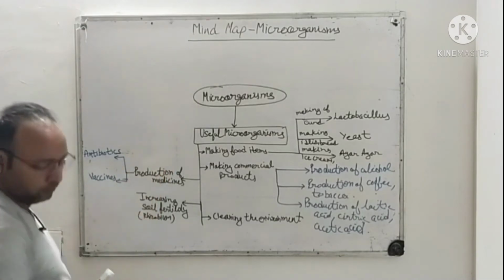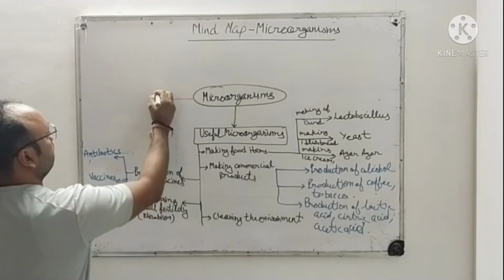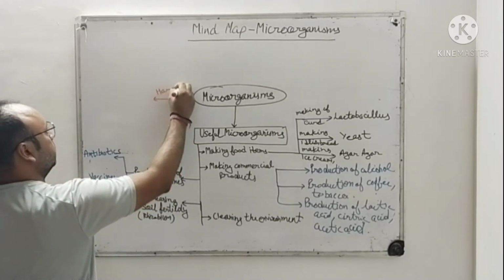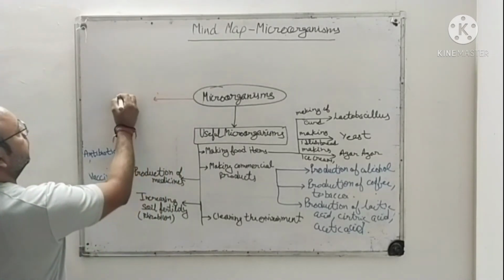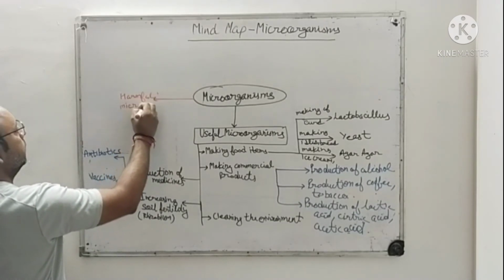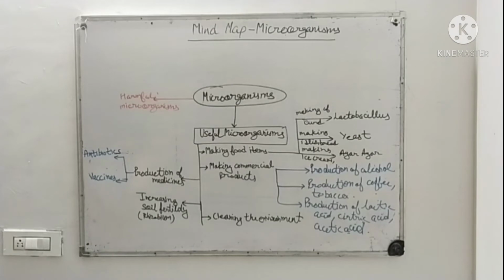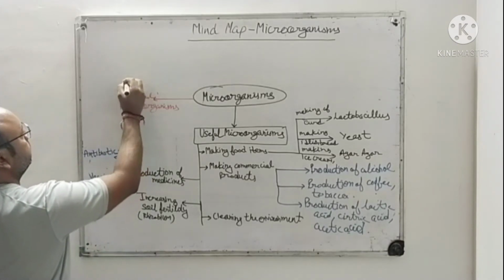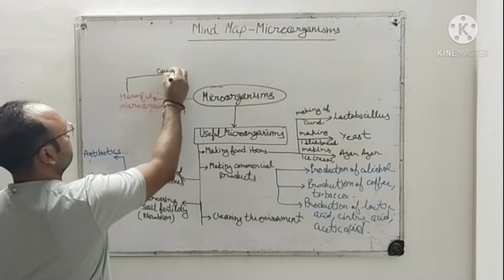Now, very important, harmful microorganisms, right? Because we know that it's friend and foe. So how are they harmful? Now if we talk about harmful microorganisms, first of all, why are they harmful?